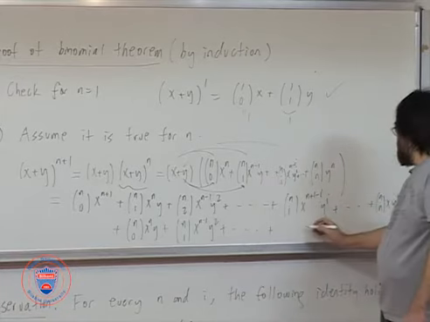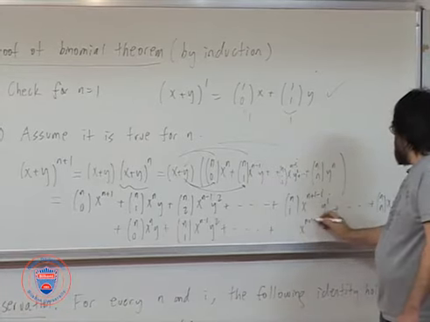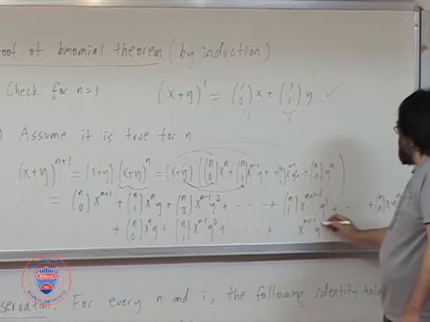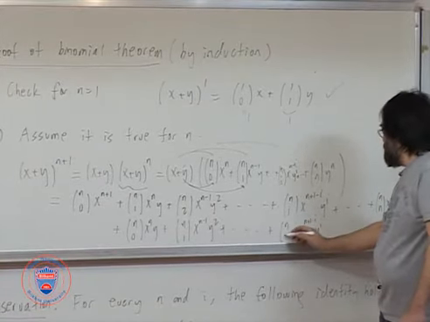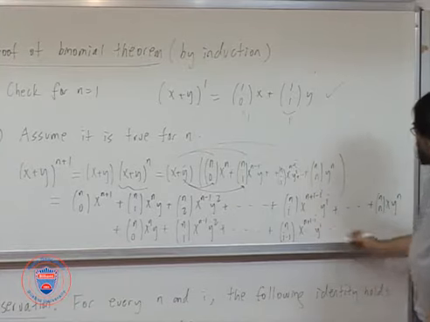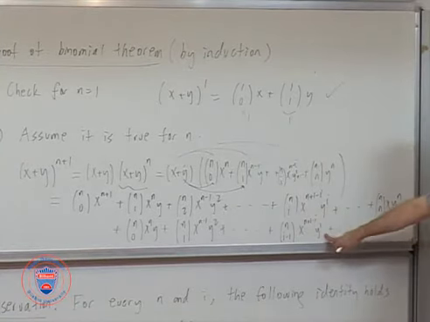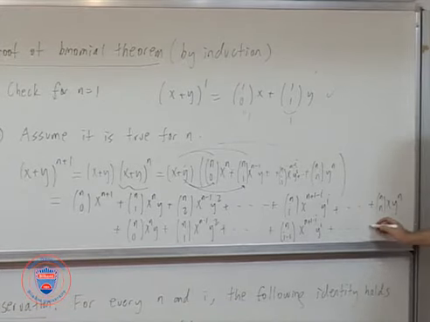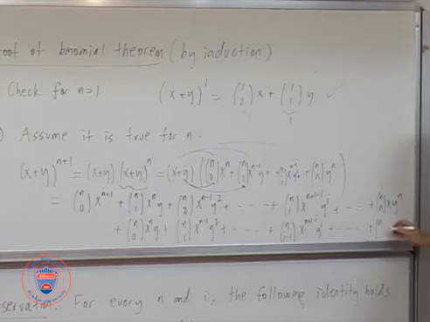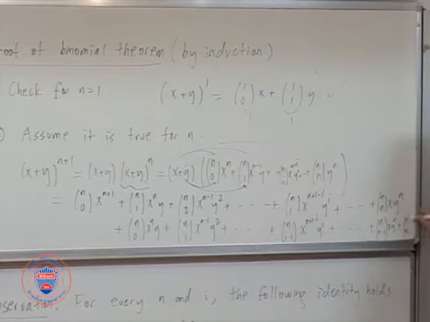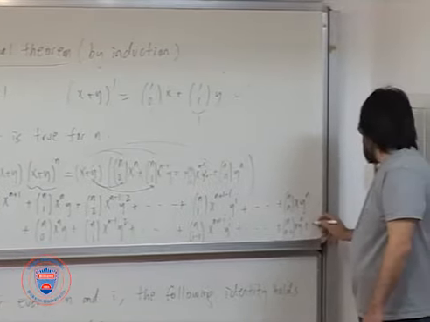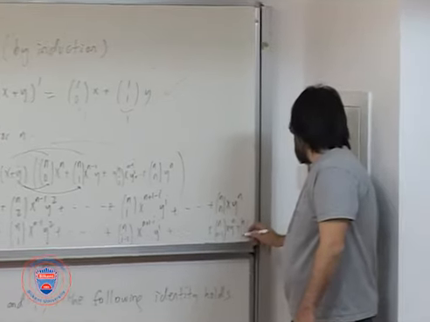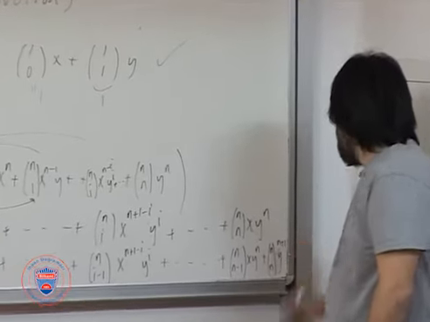So to get this, I have to have i minus 1. That means the coefficient should be this, because this is coming from i minus 1. Now here we will get n choose n minus 1, x y to the n. But the last one will be n choose n, or 1, basically, y to the n plus 1.